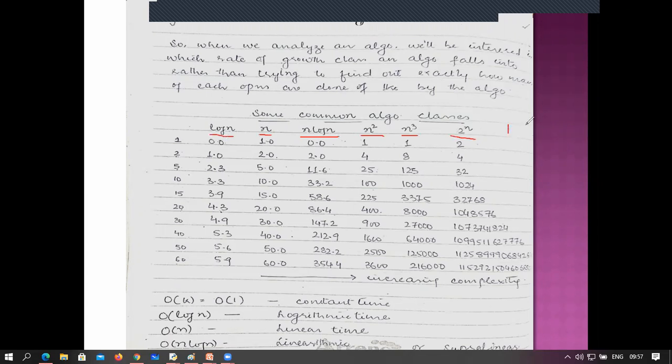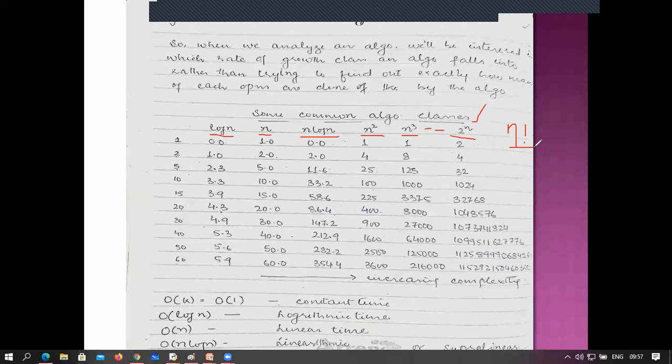Then here it would be n factorial. Whenever we will be finding the complexity of our algorithms, it would be one of these. The algorithm complexity may be log n, it may be n, it can be n log n, or n square, or n cube. It can be anything, n raised to power 4, suppose. Then you can have the exponential, 2 raised to power n, then n factorial.